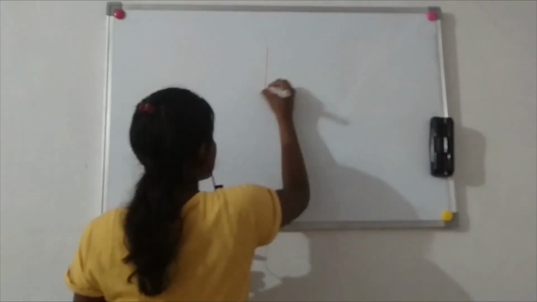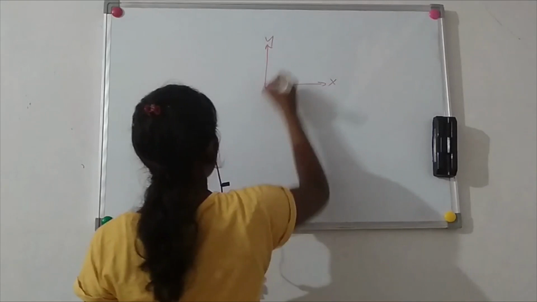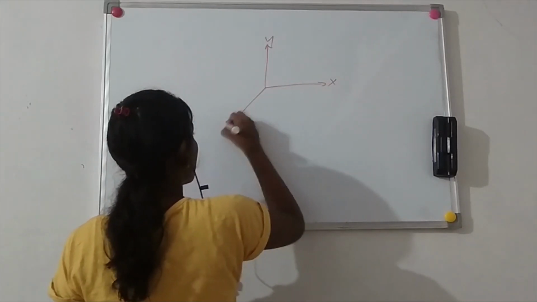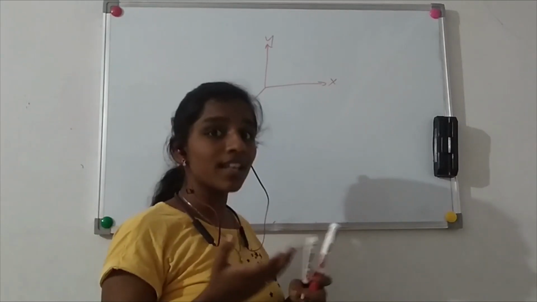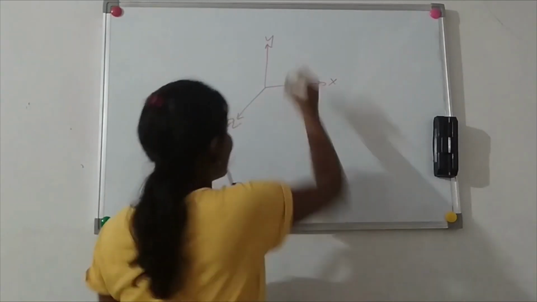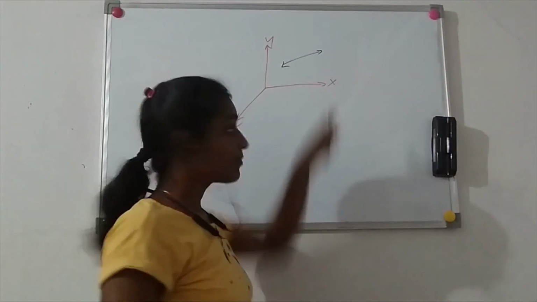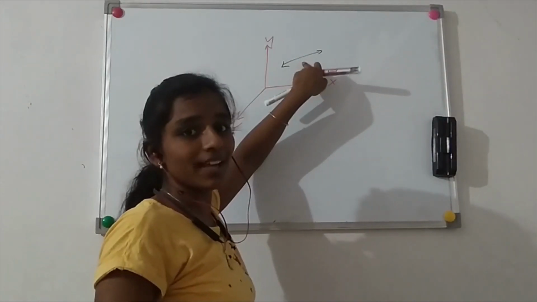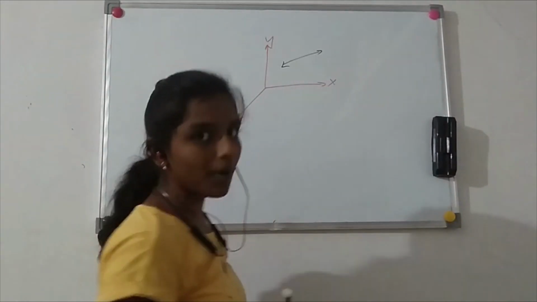If this is the 3D coordinate system, that is the x, y and z coordinates, then how does the equation of the line in 3D geometry look? It's very different, but let me tell you the general form of that line.